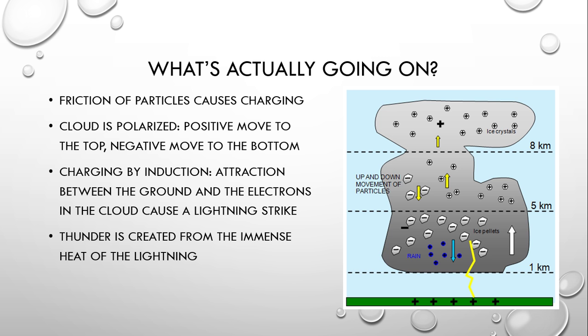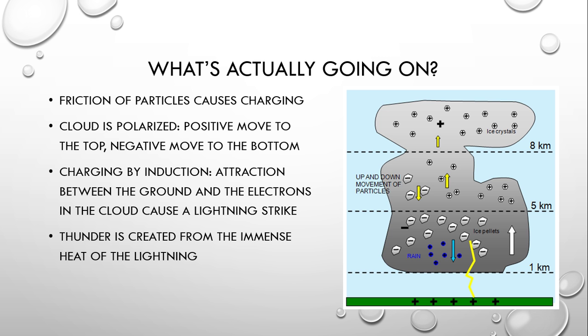The particles of ice and water are rapidly moving within the cloud from everything that's happening, and they're rubbing together and frequently colliding, and it creates electricity from the friction. They're moving back and forth very quickly.